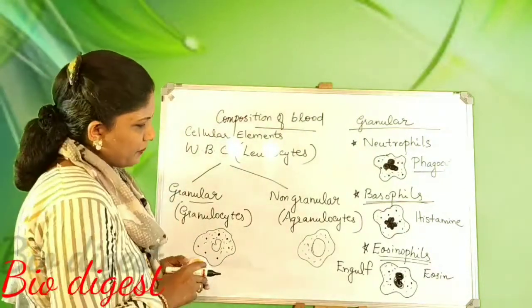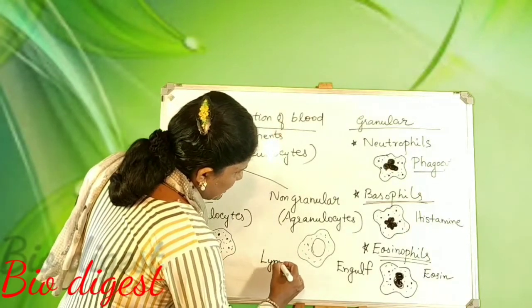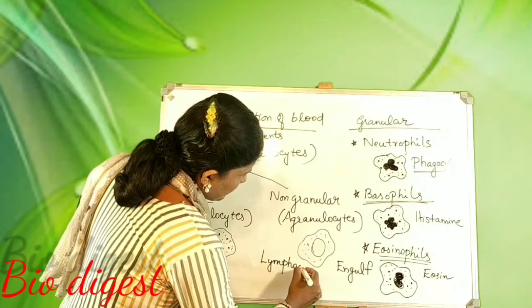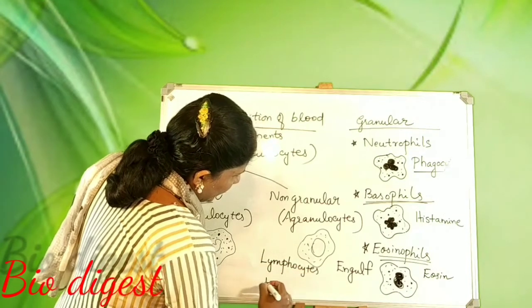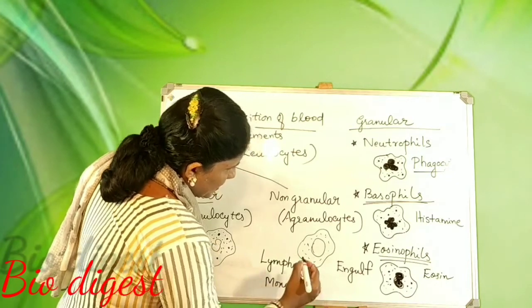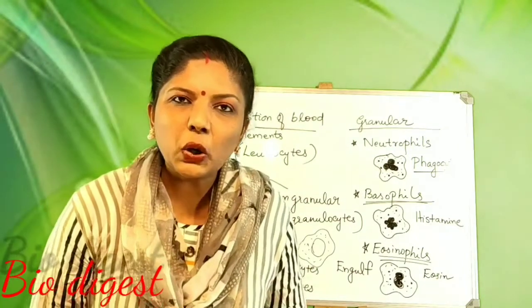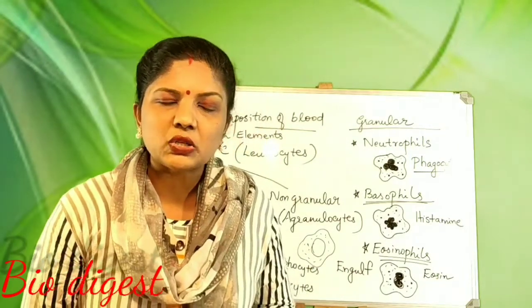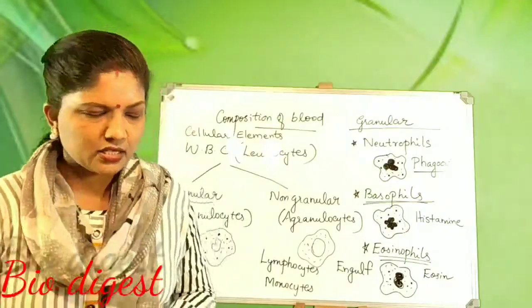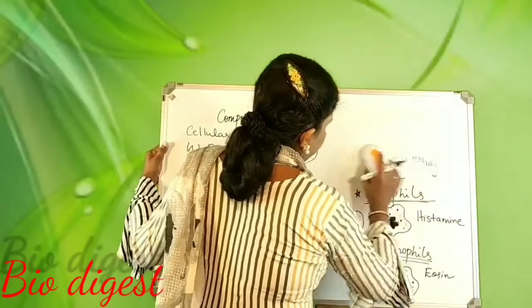Two are there. Okay, we will see what they are. One is lymphocytes. Another is monocyte. So lymphocytes and monocytes are coming under the non-granular WBCs or agranulocytes. Now coming to lymphocytes.